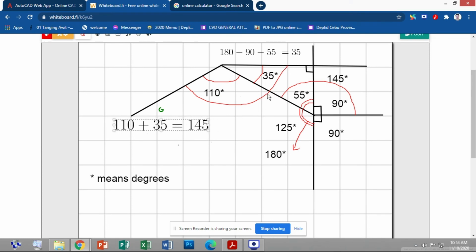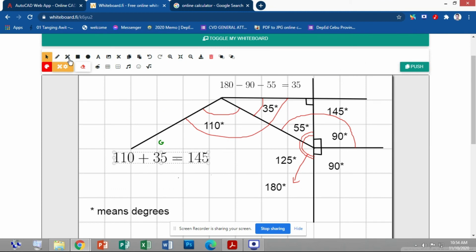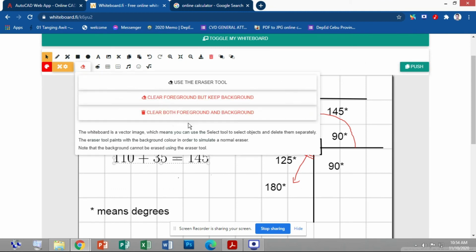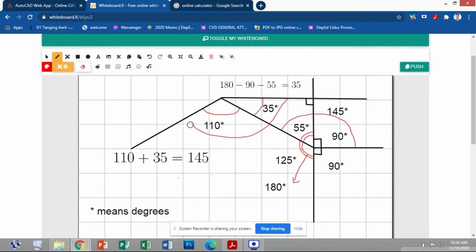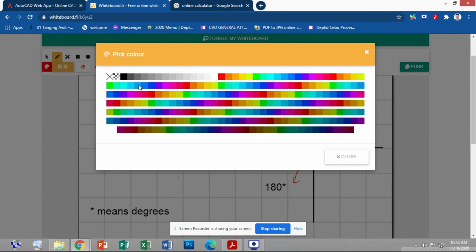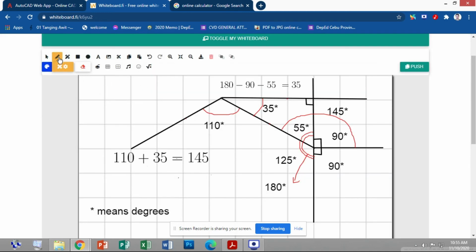So okay, so from this angle, I will erase this. Okay, from this side to that side, I will replace by this. So from that point to this point is actually 145 degrees.